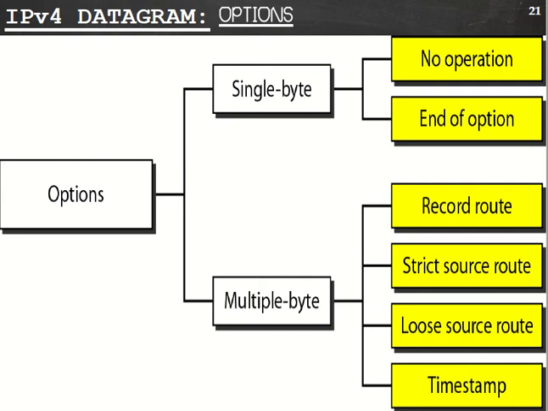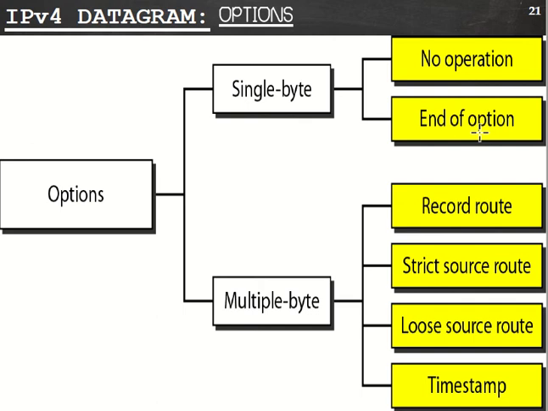As the name suggests, a single byte option is 1 byte in size. As you can see here, the single byte option is further divided into two types. One is called no operation, the second one is end of option.